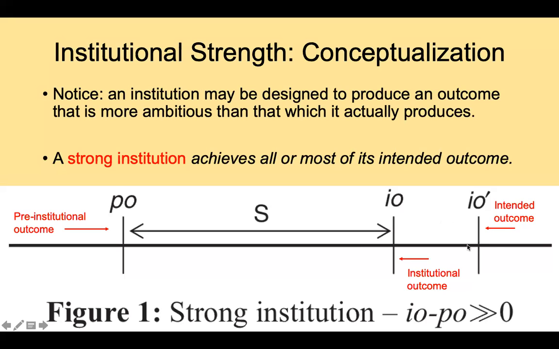It's always going to be relative. It has to be to do with the proportion of the intended outcome that is actually brought about. How much work is the institution actually doing as a formal rule of the game that must be followed by the actors?